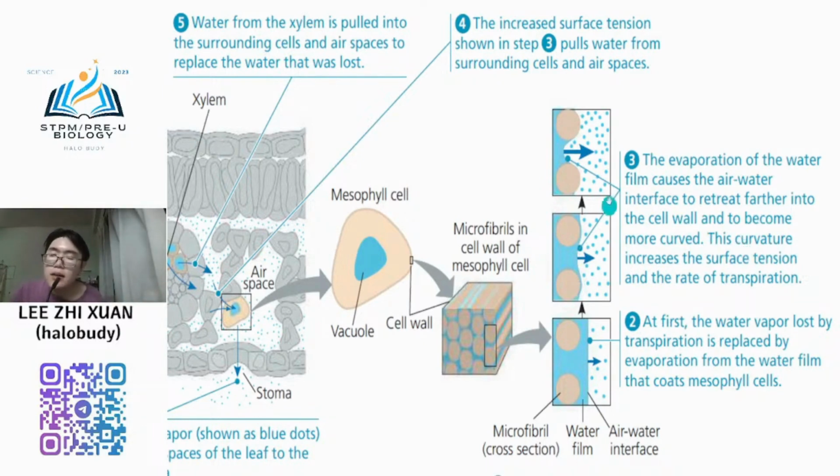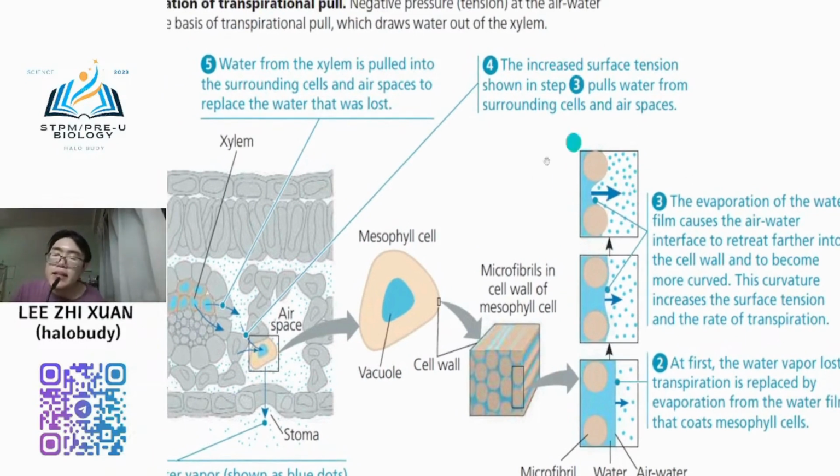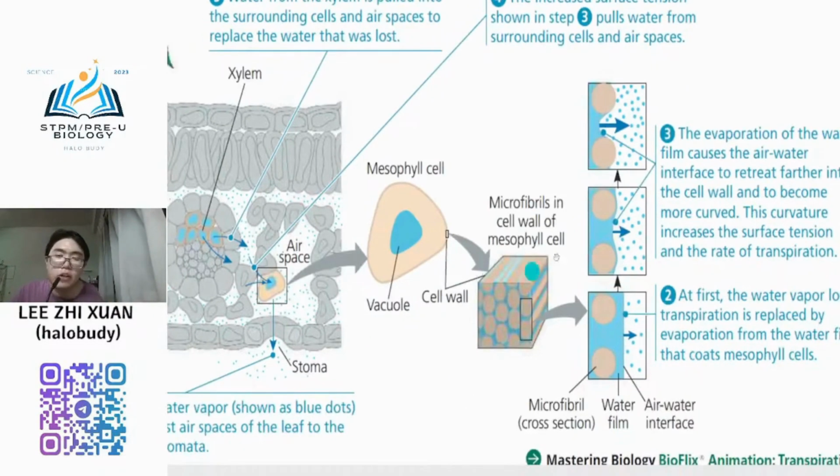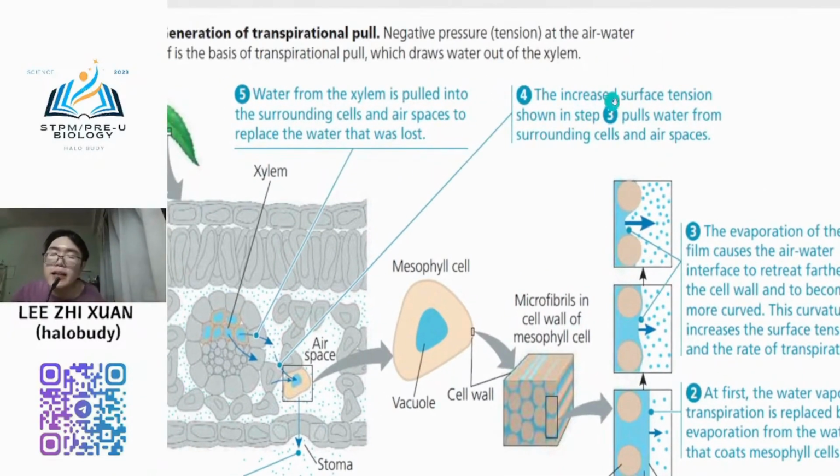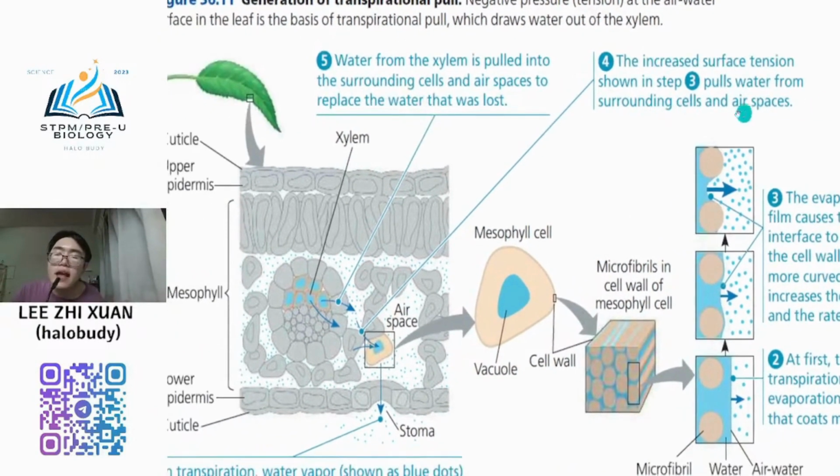Okay, so when this kind of thing is happening, you need to replace the water molecules too. You cannot maintain it like this. If evaporation still occurs and there is no replacement over a long time, your water film will become totally dry. And when it is totally dry, then the plant will die, because there is no water anymore. Okay, so the increased surface tension will pull water from the surrounding cells and air space.